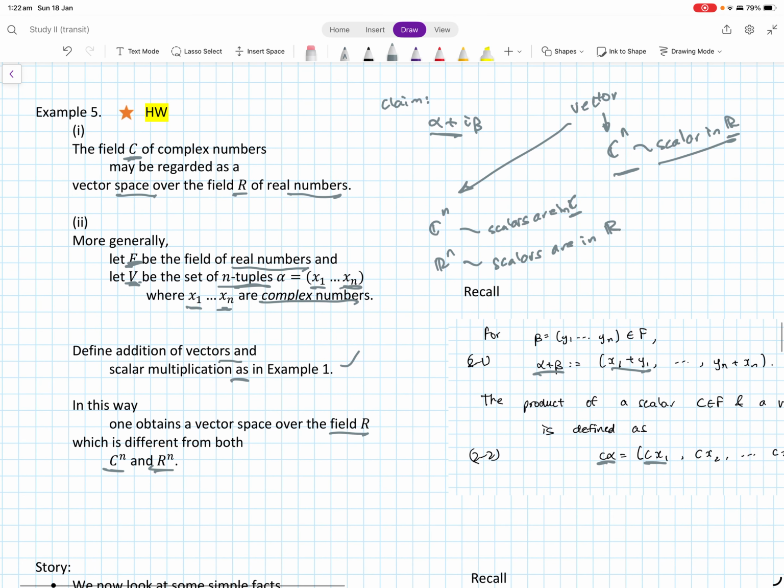So that's an exercise to check that all the properties are satisfied.